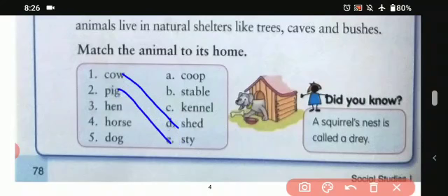And where does the hen live? The hen lives in the coop. And where does the horse live? The horse lives in the stable. And where does the dog live? Yes, students, dogs live in the kennel. This is how you have to match it in your book. So do it in your book. Okay, students?